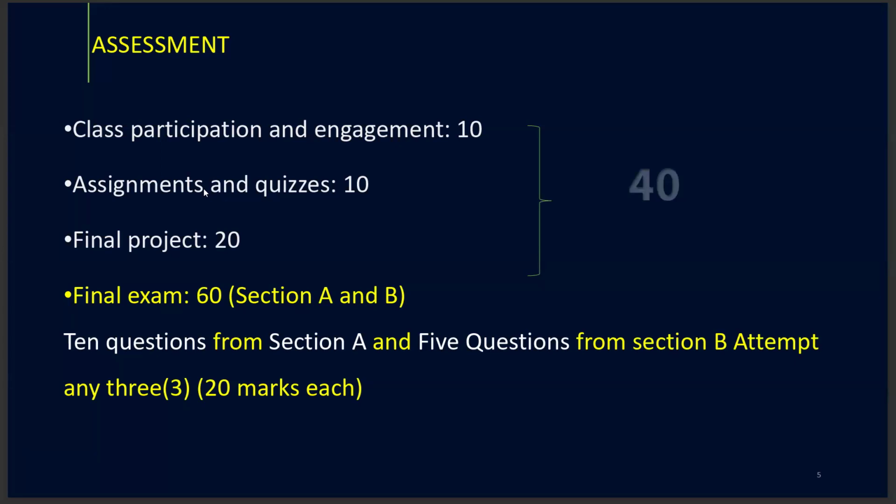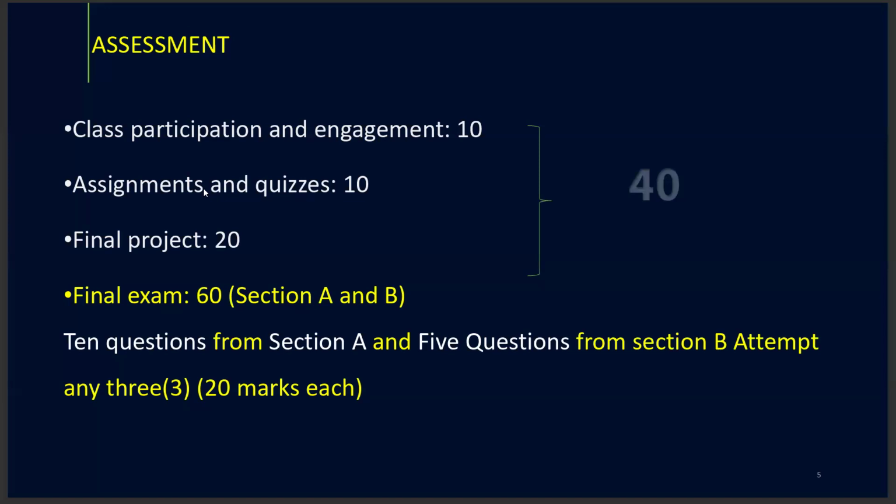Then we will also have a final project, which is going to be part of your coursework, that will give you 20 marks. When you add 10, 10, plus 20, we should arrive at the 40, which is going to be our coursework marks. Is that okay?